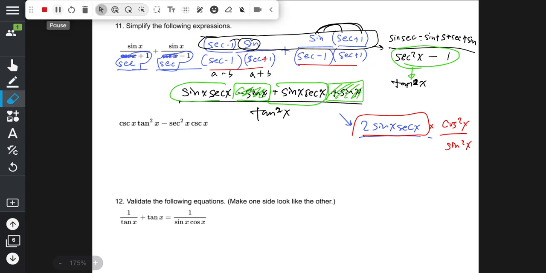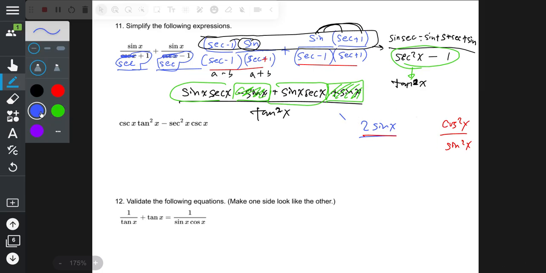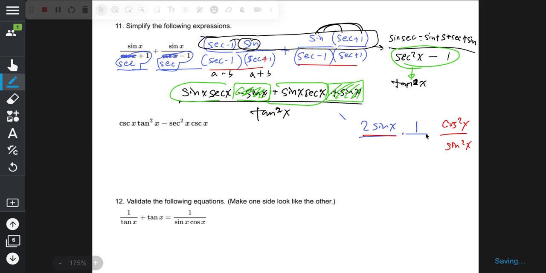But then one more thing. I am going to replace that secant with what it truly is in terms of sine and cosine, 1 over cosine. So I kept this top, but I converted it, and I'm multiplying by the reciprocal of my denominator.